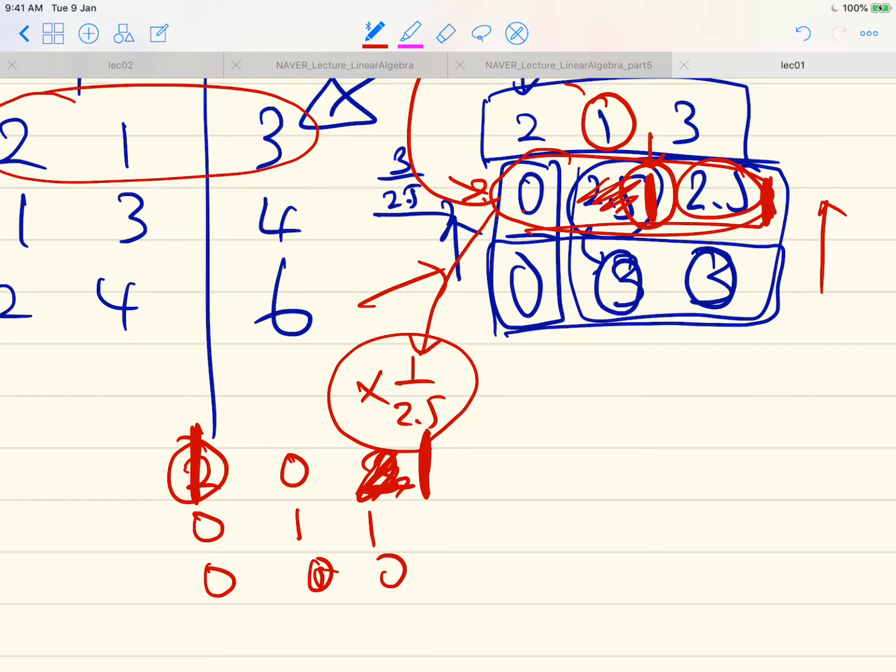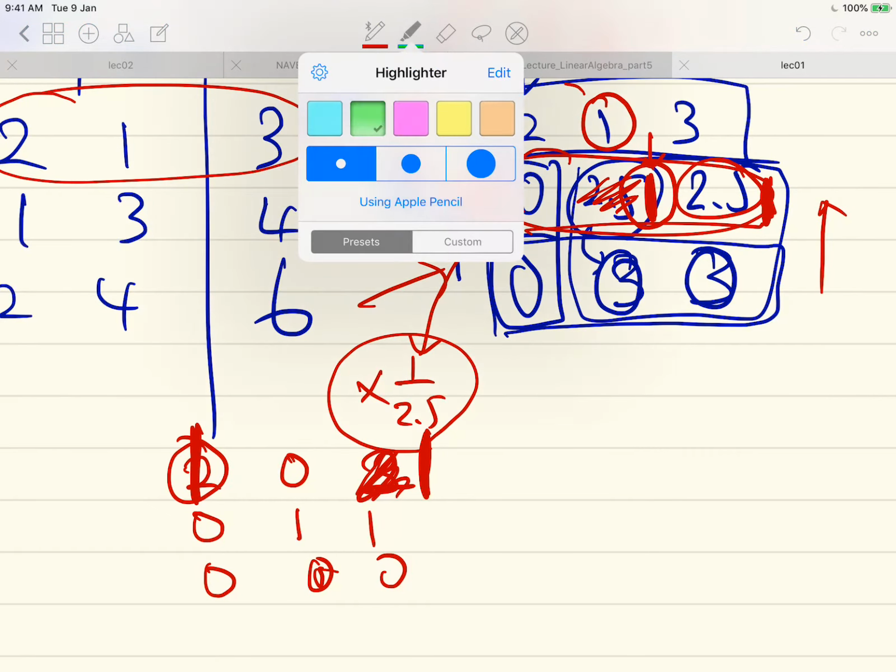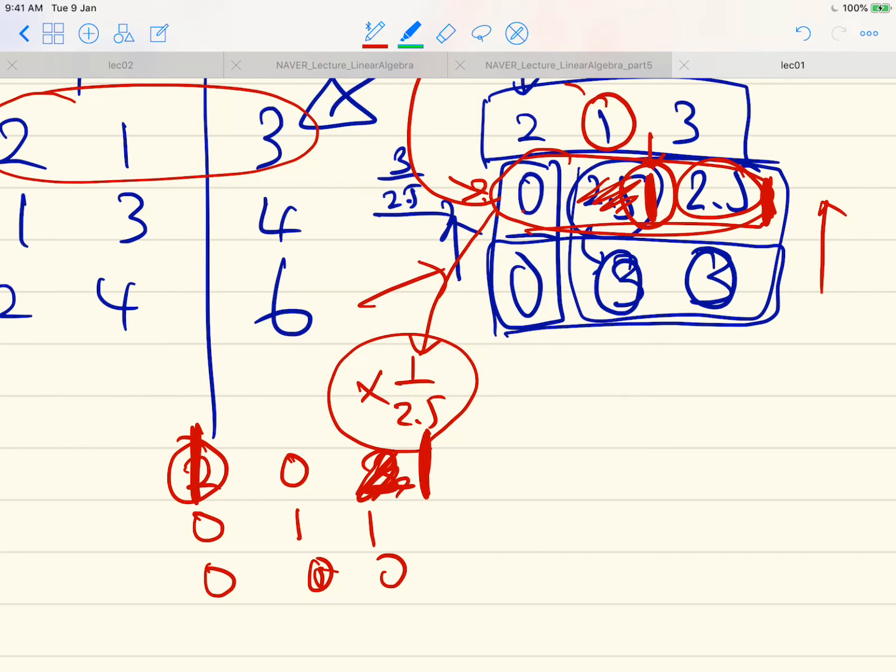And then what are the pivots in this case? Pivots are those numbers. So what is the definition of the pivots? The pivot is the leading entry, which is the first appearing non-zero value from the left.